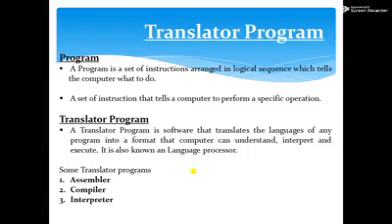A translator program is software that translates the language of any program into a format that the computer can understand, interpret and execute. It is also known as a language processor. Let's understand the function of a translator program in a better way.